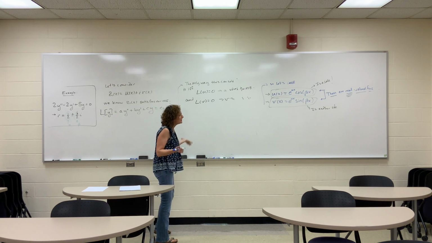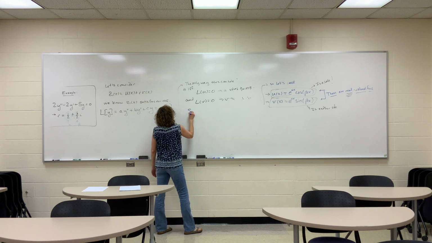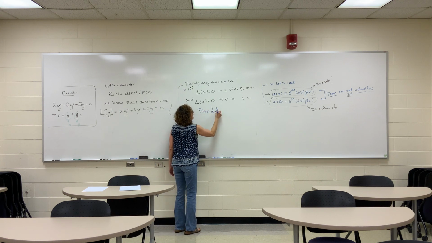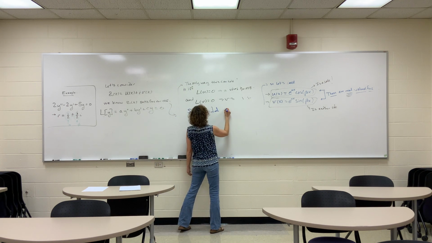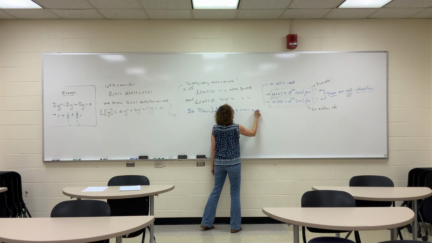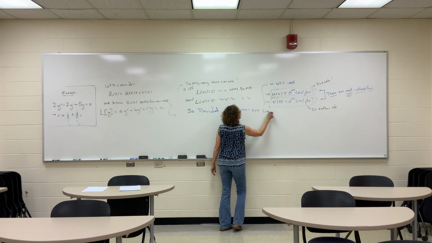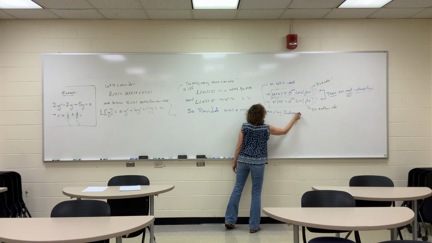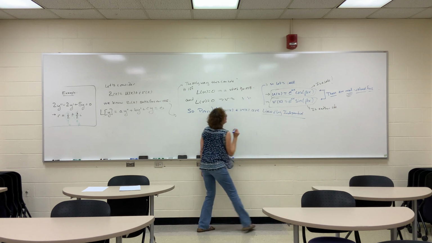And so now what is left to show? So provided u of x and v of x are linearly independent, that's the other piece left.